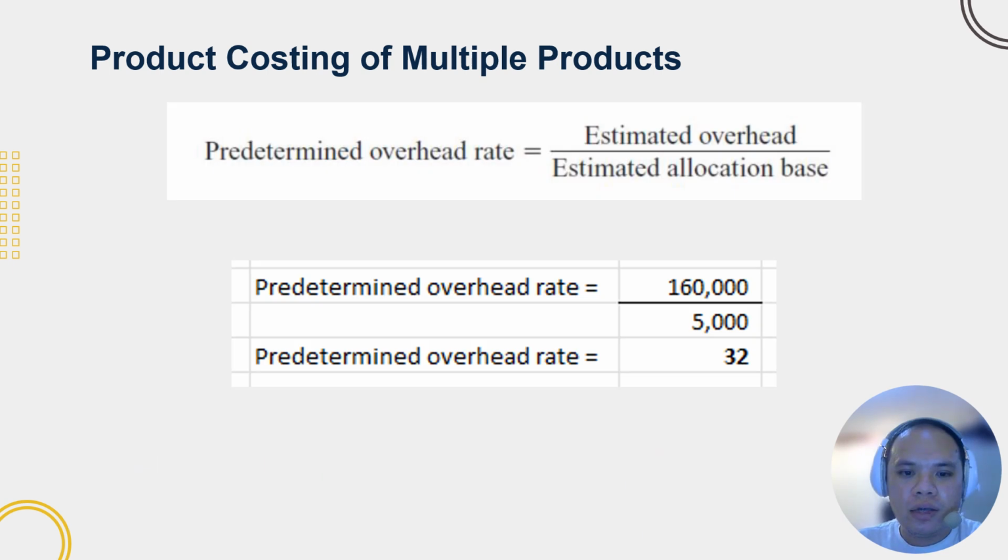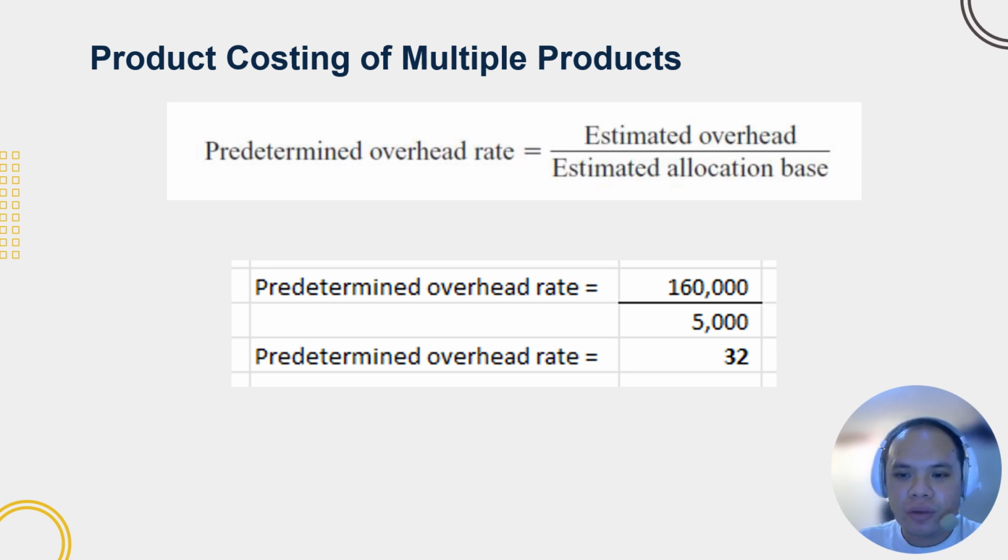So again, since we have this formula, predetermined overhead rate equals estimated overhead over estimated allocation base, and the overhead is 160,000 and our allocation base is 5,000 machine hours, we can now get the predetermined overhead rate of 32 pesos.